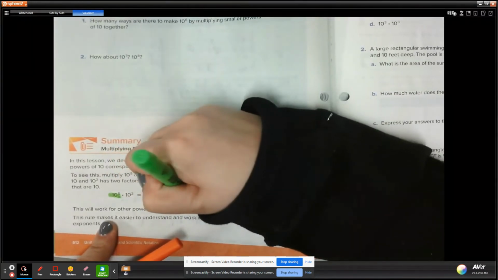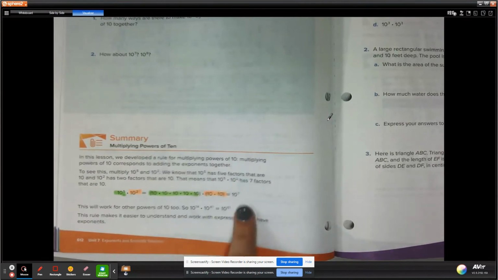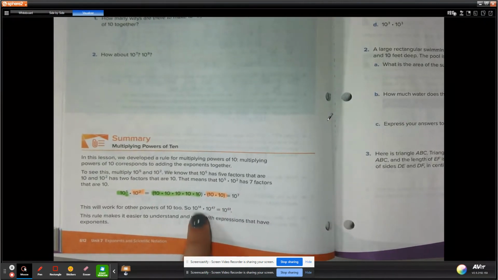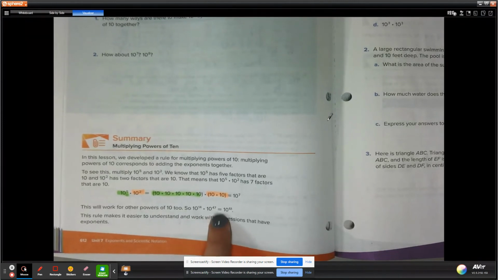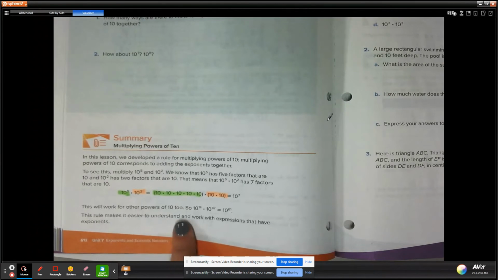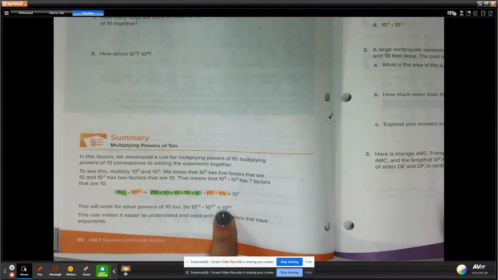That represents this part, and 10 squared is represented here. So together, you get 10 to the 7th. This will work for other powers of 10 too. So 10 to the 14th times 10 to the 47th is 10 to the 61st power. This rule makes it easier to understand and work with expressions that have exponents. We're talking about efficiency. You don't want to write 10 times 10 61 times.